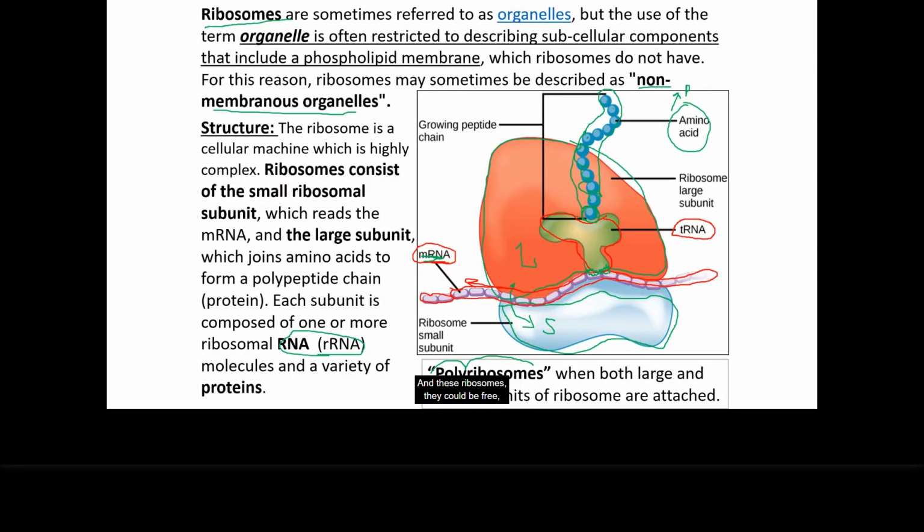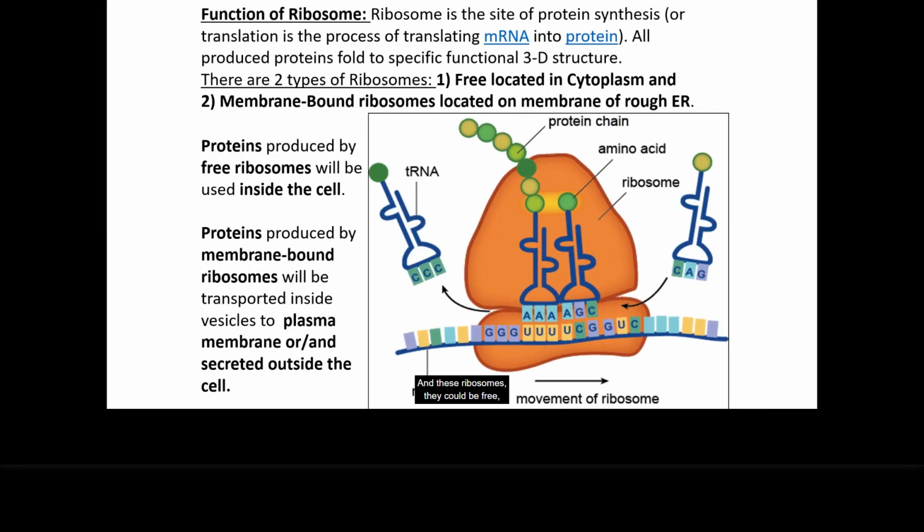These ribosomes can be free ribosomes, which are just freely located in the cytoplasm. On the other hand, ribosomes could be membrane bound. It means they attach to the membrane of the rough endoplasmic reticulum. And this is why the function of the rough endoplasmic reticulum is to synthesize proteins, because on the surface it has ribosomes.